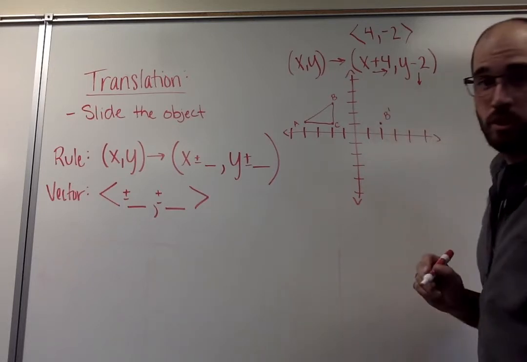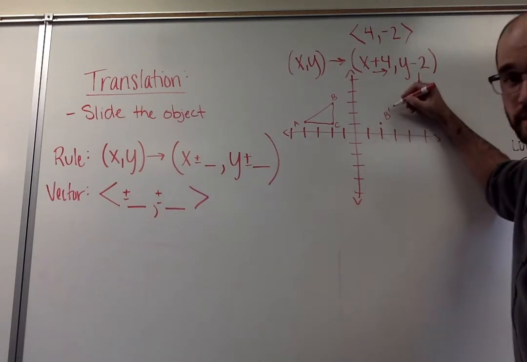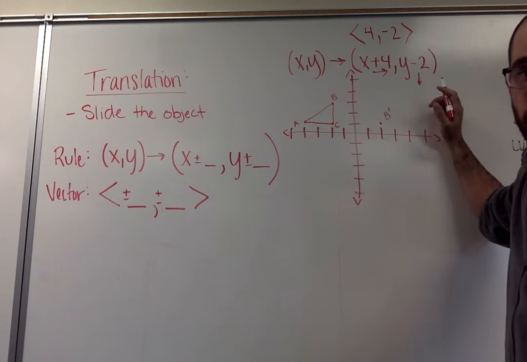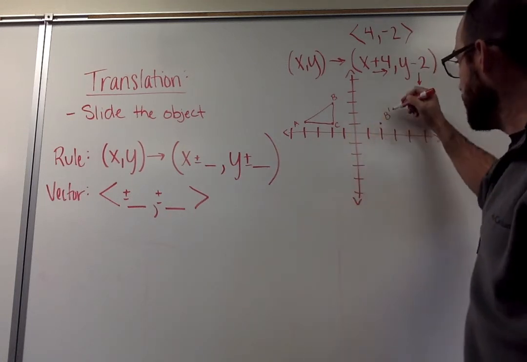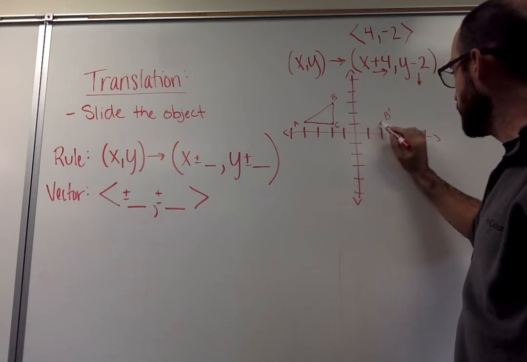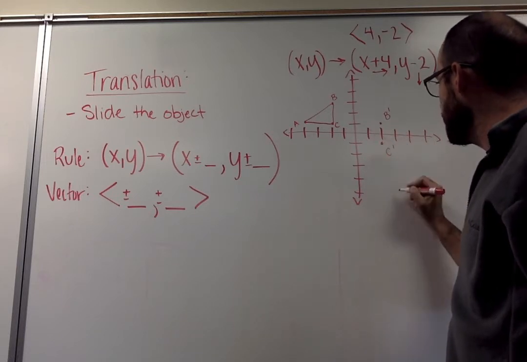When we get to our new location, we don't just put B, we're going to put B prime. That's what this little apostrophe is. We call it prime notation. So anytime we do a move or a transformation, we're going to toss in that little prime notation. So I've got B prime. C would be the exact same idea. I'm going to move it 1, 2, 3, 4 spaces to the right, down 1, 2. So I have my new C prime.